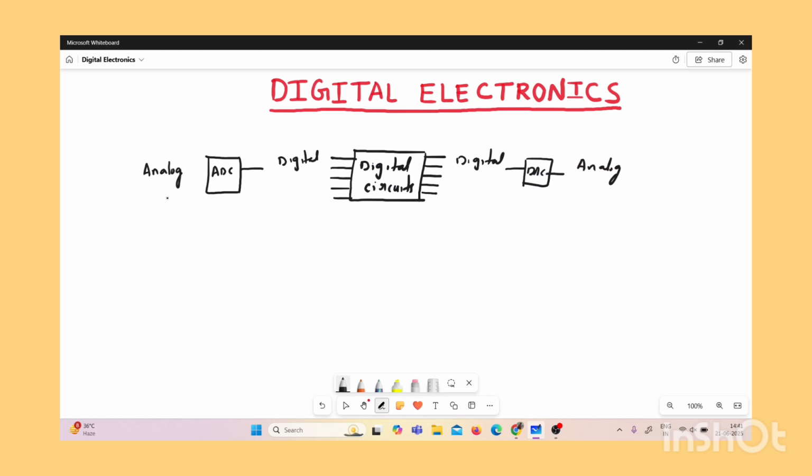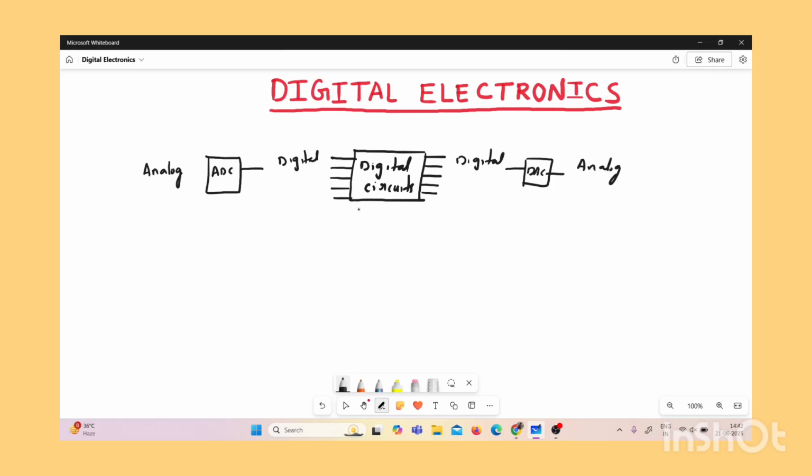So our original signal is analog; we convert analog to digital, and process that digital signal using digital circuits. At last, sometimes we require the digital format, or we may require the analog format. If it is required in analog format, we convert the digital back to analog using this DAC. The main function of digital circuits is to process the signal.